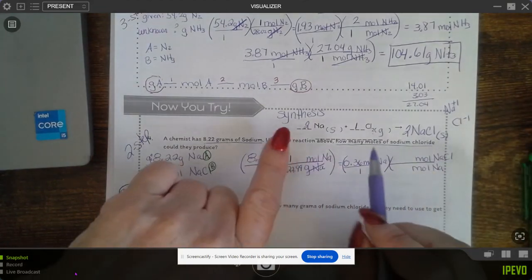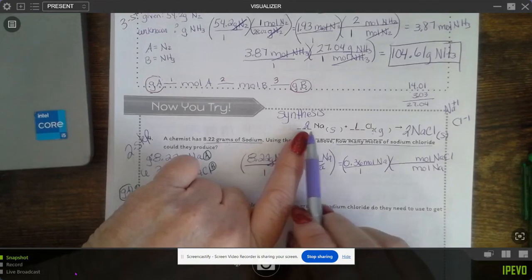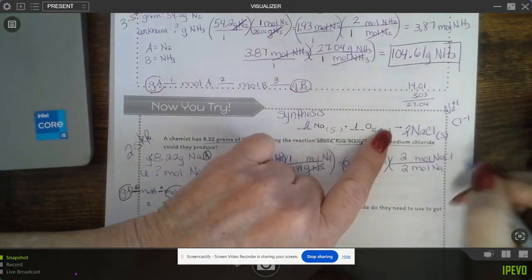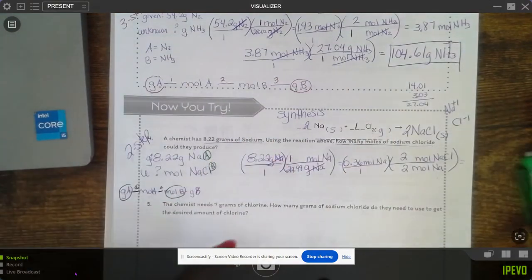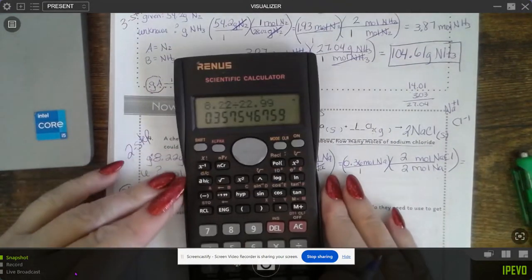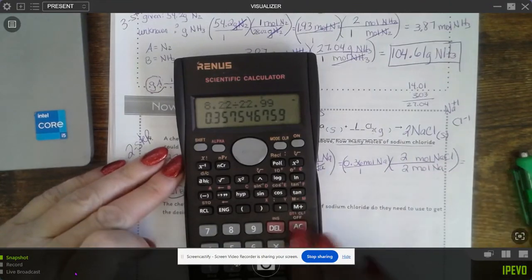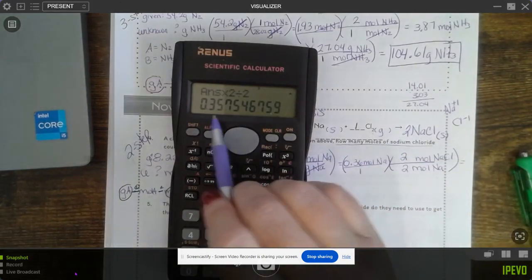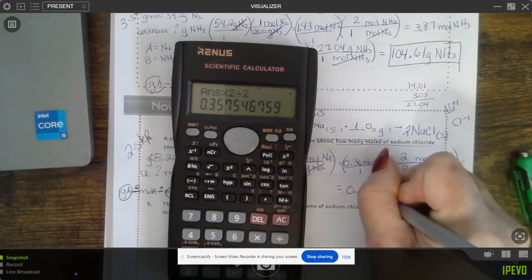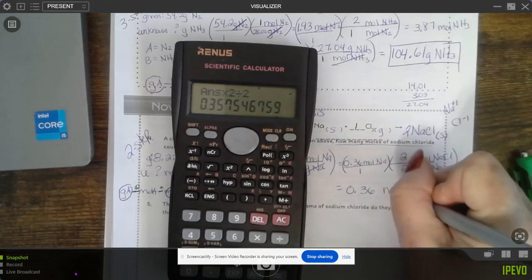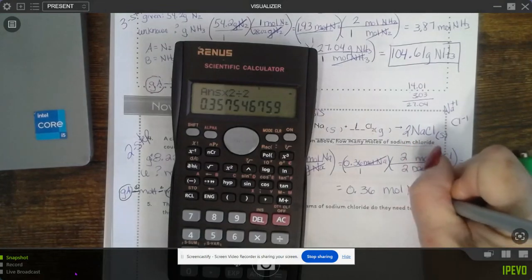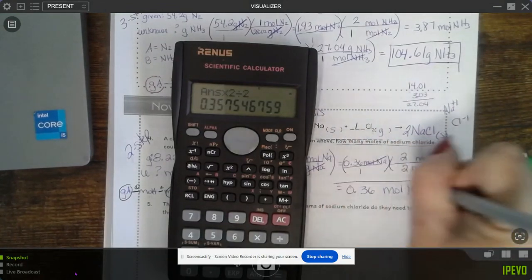If I look at my balanced chemical equation, 2 moles of sodium will produce 2 moles of sodium chloride. So I'm going to take my number times 2 divided by 2. Guess what? I get the same number. So my answer is 0.36 moles. Moles of sodium canceled out, leaving us with moles of sodium chloride.